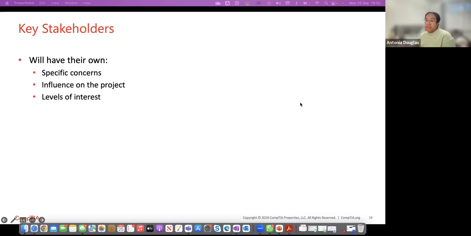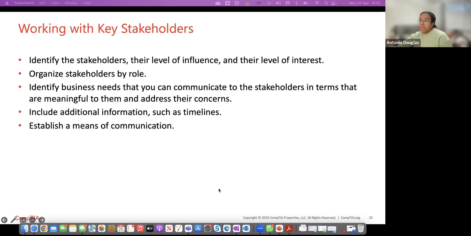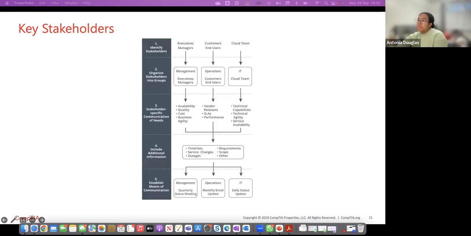And there might be other stakeholders that have specific concerns, influence on the project, and levels of interest. So, working with key stakeholders. Firstly, identifying, can I jump to the next slide? Because they have a really cool map here of key stakeholders.